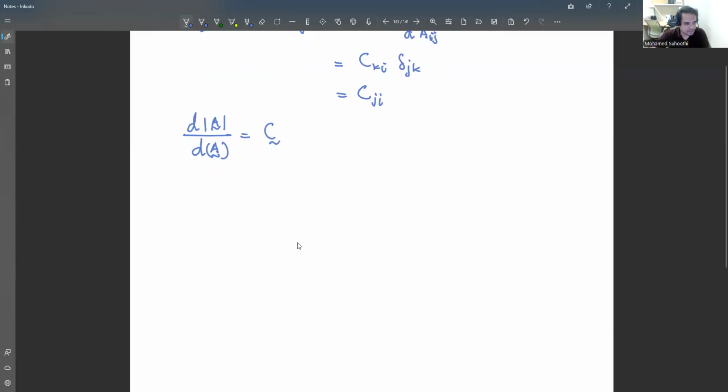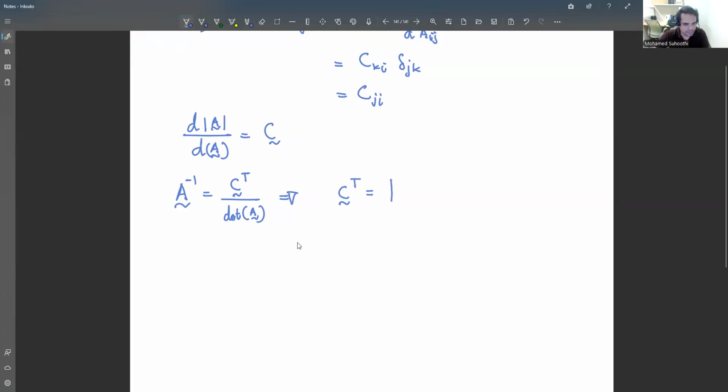We discussed the inverse of a matrix. It is actually the adjoint matrix, that means the transpose of the cofactor matrix over determinant of A, right? So now C transpose is equal to determinant of A into A inverse.